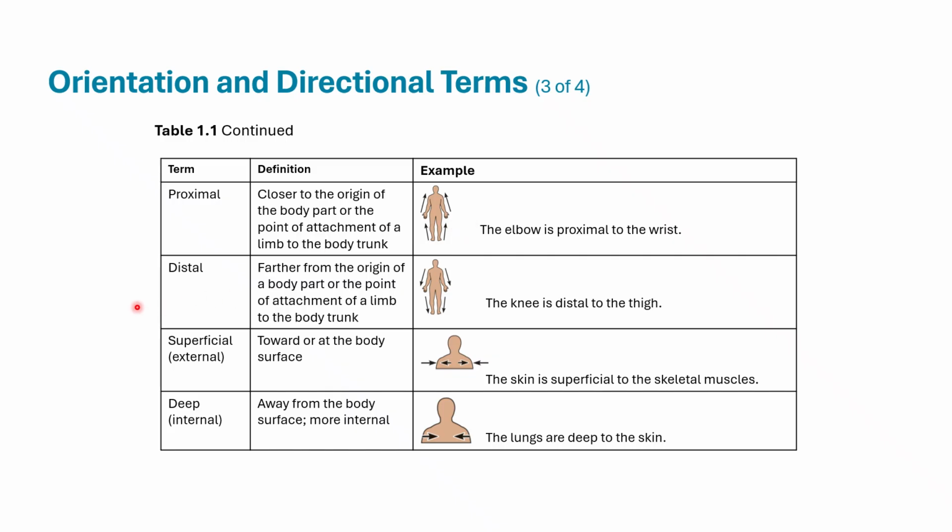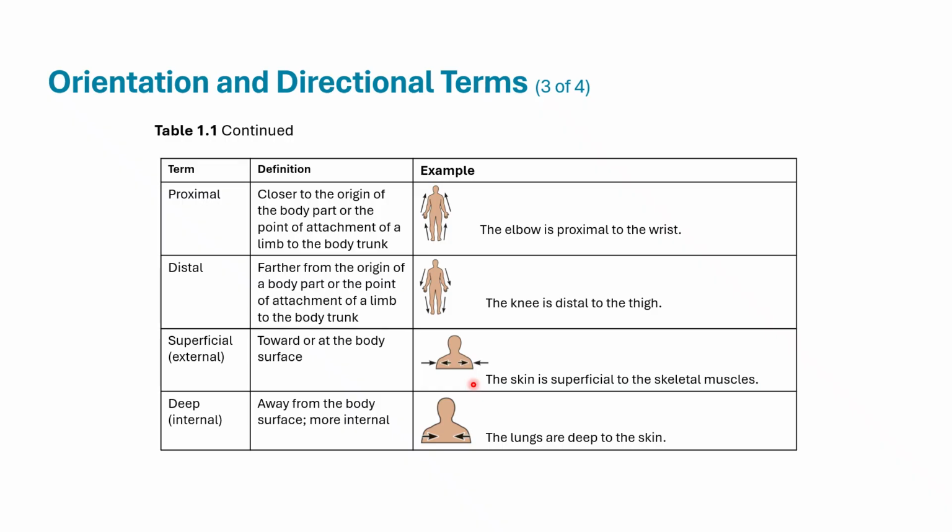Distal is farther from the origin of a body part or the point of attachment of the limb to the body. So where the limb attaches at the shoulder, it's going to be further than that. So the knee is distal to the thigh. Superficial and deep. So superficial or external means toward or at the body surface.